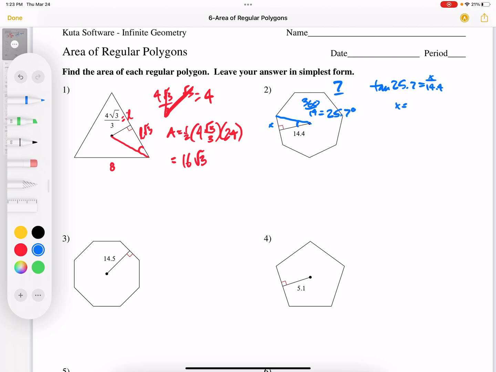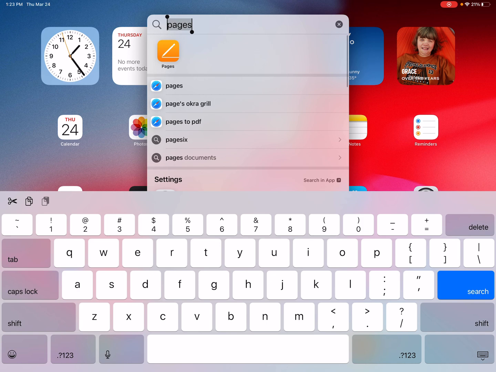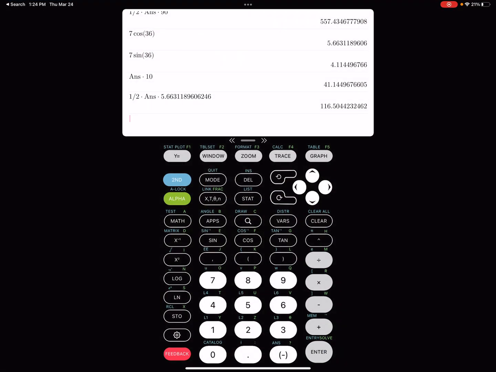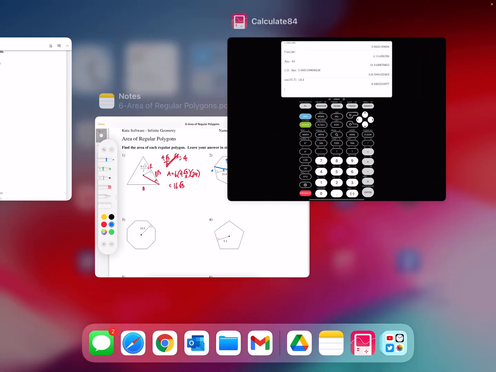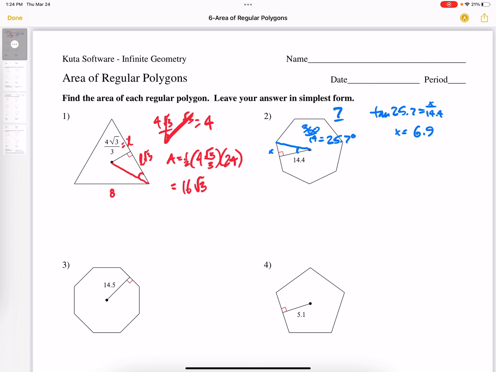So x equals tangent 25.7. And I'm going to try to flip and show you this on calculator as I do it. It's going to go quick though. All right, tangent 25.7 times 14.4 is 6.93. So this is equal to 6.93.